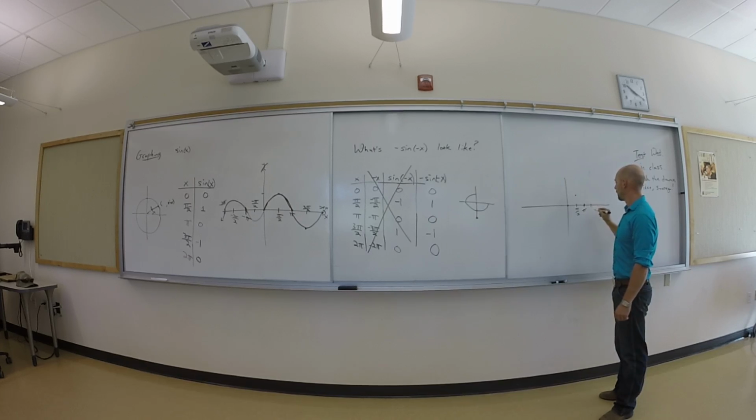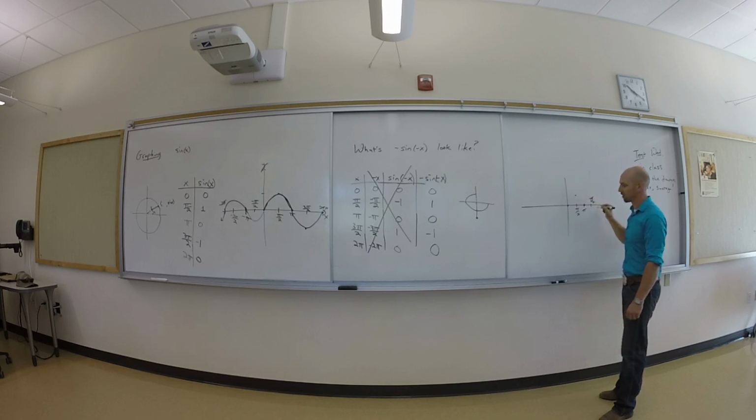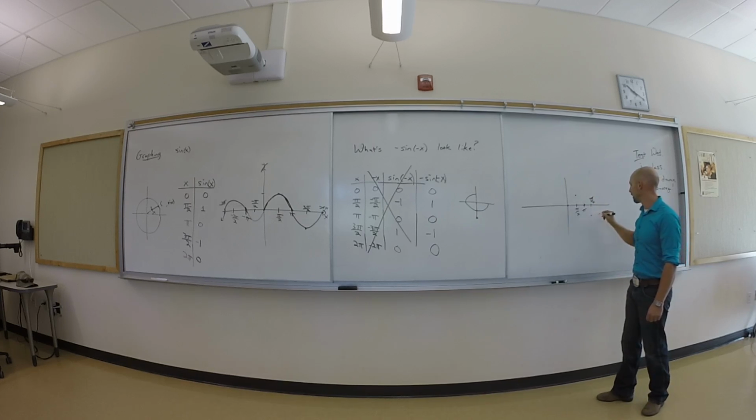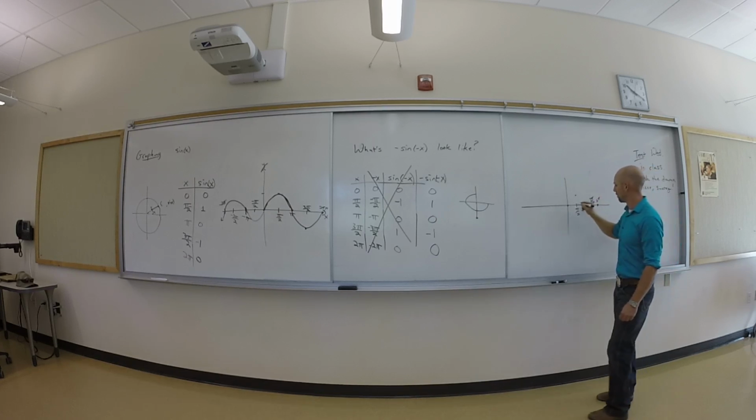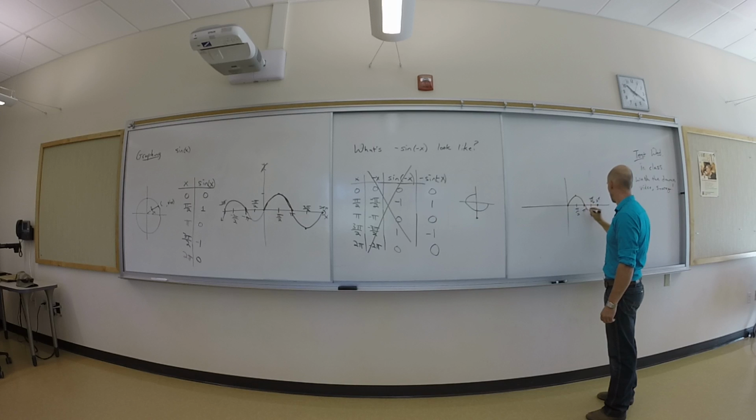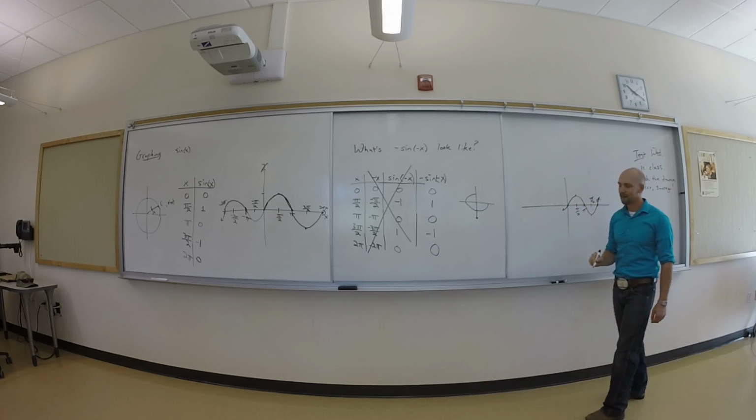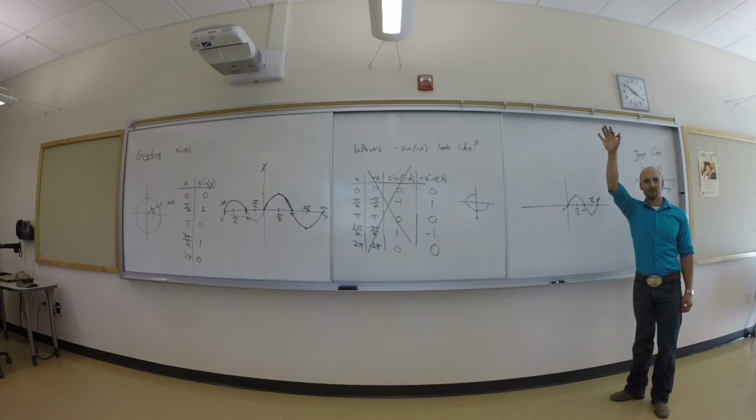If I input 3 pi over 2, what do I get out? Negative 1. And if I input 2 pi, what do I get out? 0. What the heck happened? Oh, could it be said that the negatives cancel?